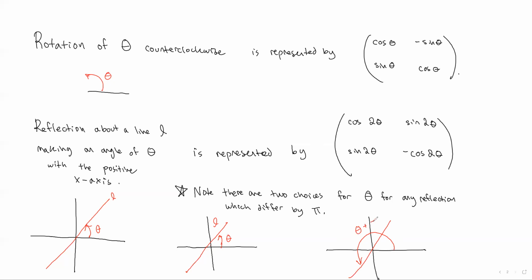And this is the original theta plus pi. So those are both equally valid angles. And they give the same matrices, because when you multiply by 2, you get 2 pi. So changing theta by pi won't change any of these cosines and sines. Right. So those are our matrices.